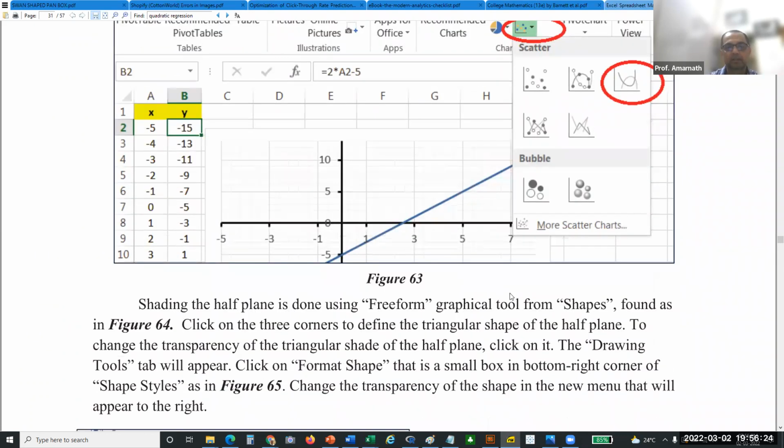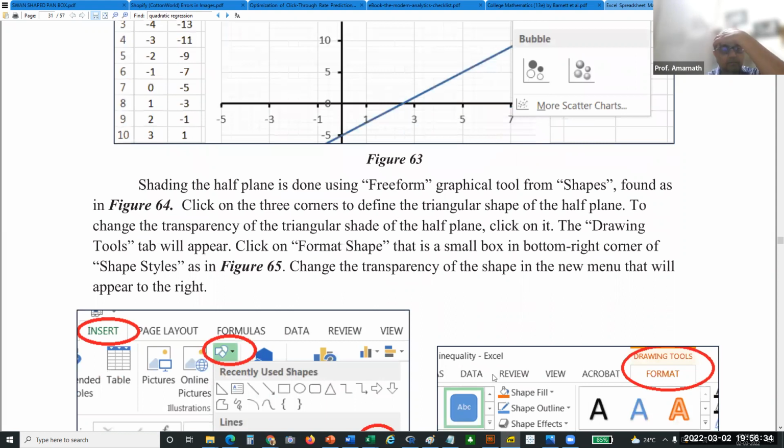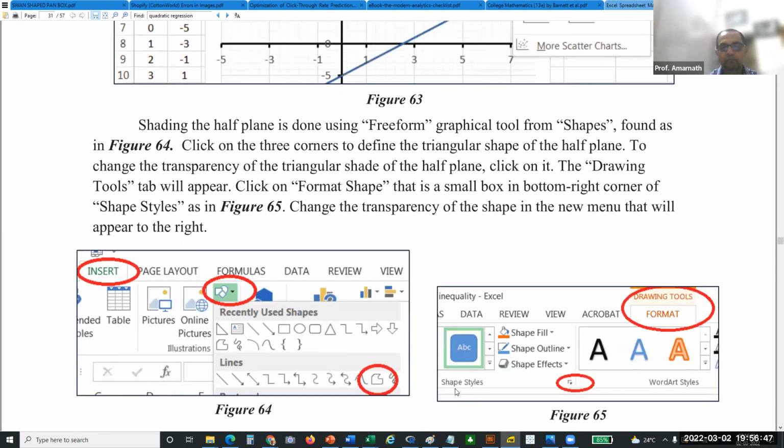Okay, this is inserted. Shading the half page is done from a free form graphic tool from shapes, found as, I don't know where to do that. So what should I highlight, where should I highlight, what do I need to choose?